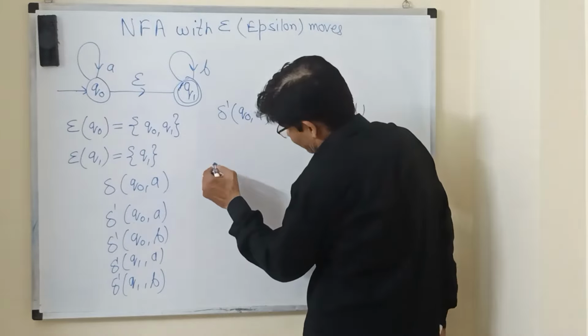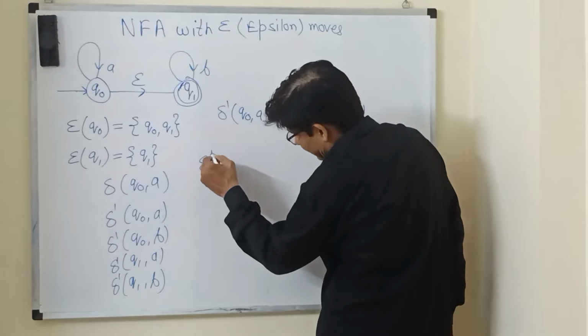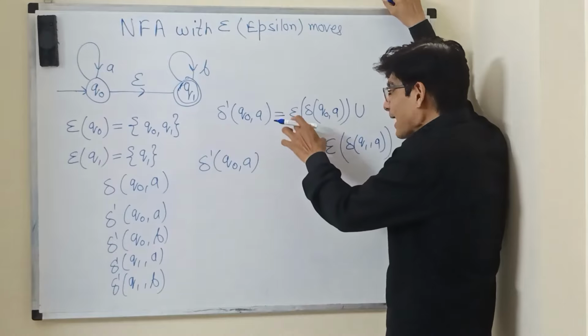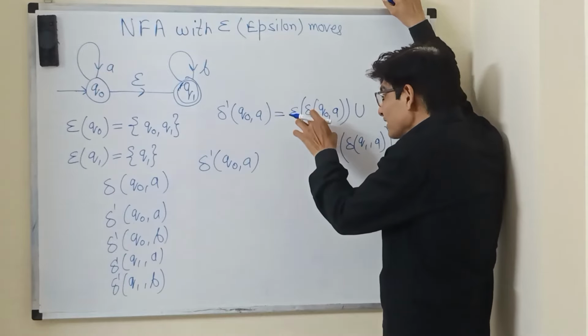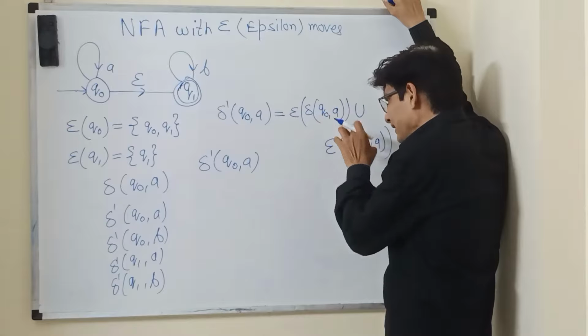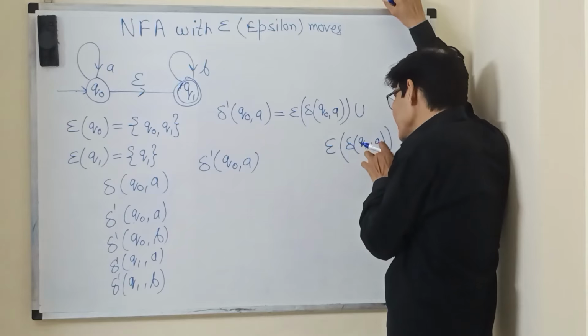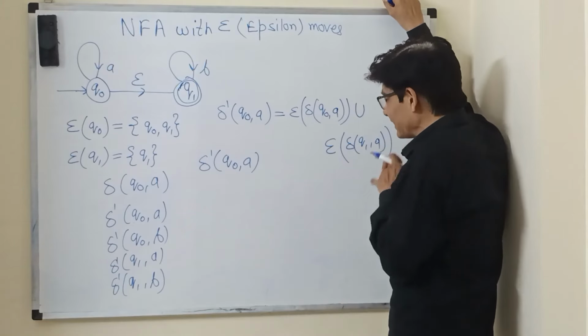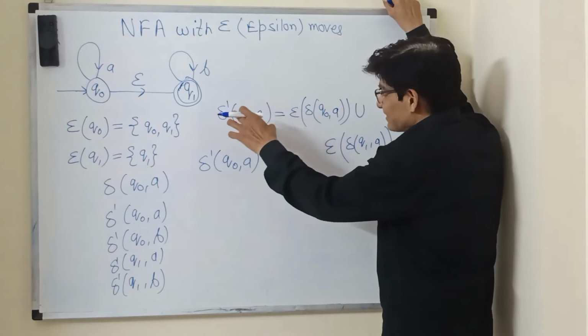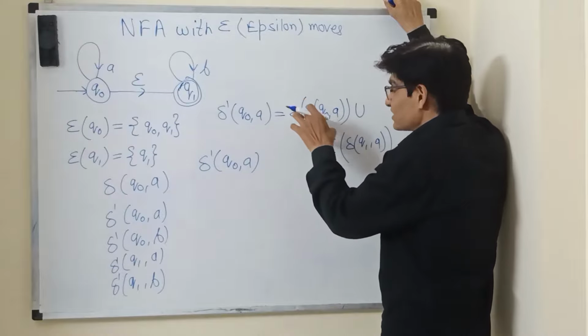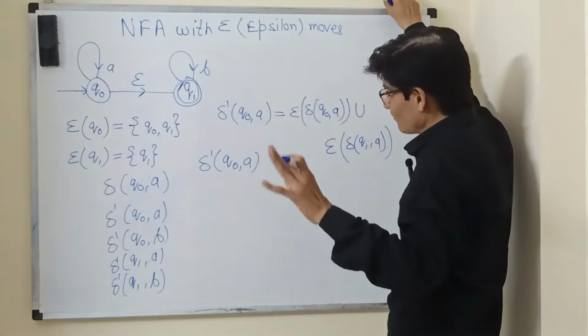So delta dash Q0 A will be equal to epsilon closure of delta(Q0, A) union epsilon closure of delta(Q1, A). This is delta, and this is delta dash, the transition of NFA without epsilon move.